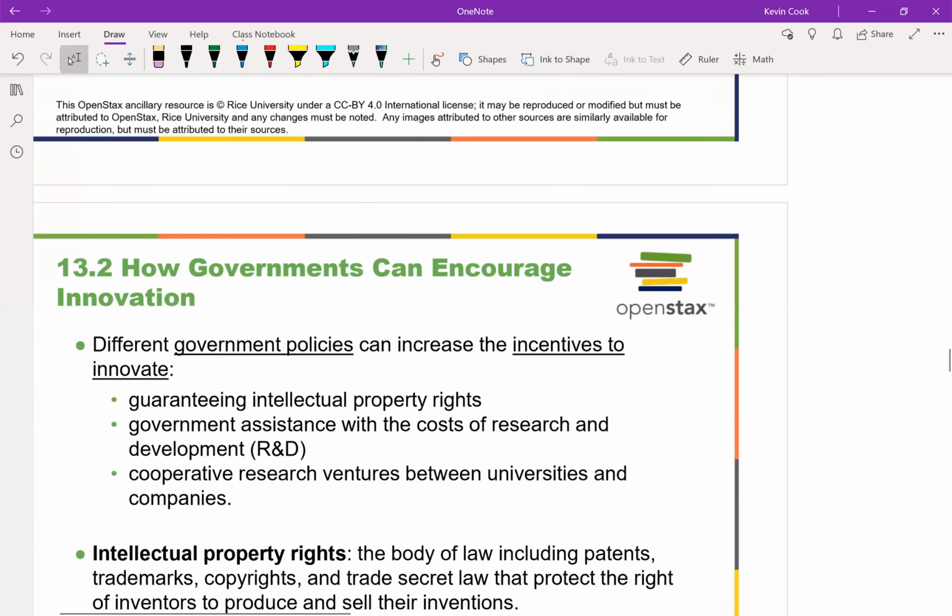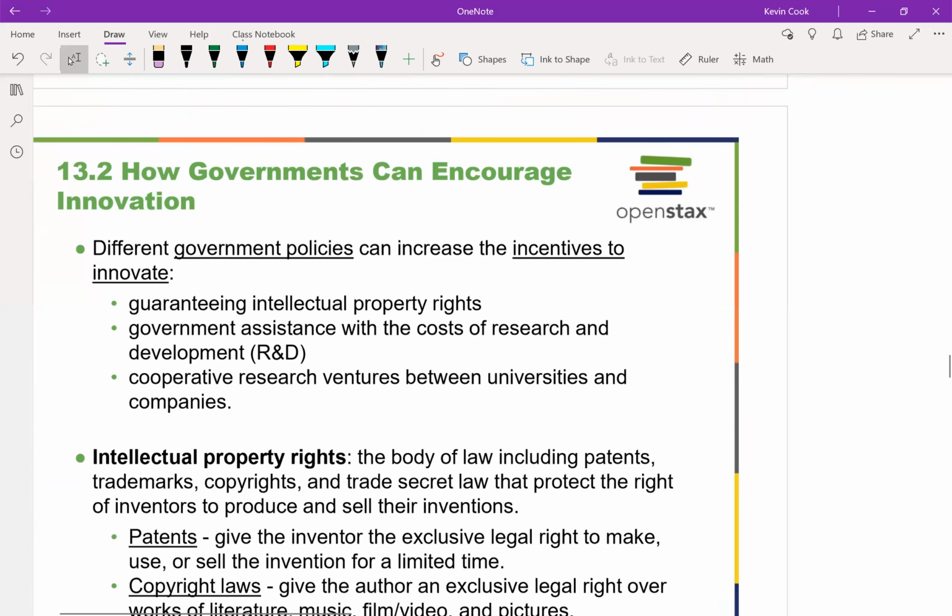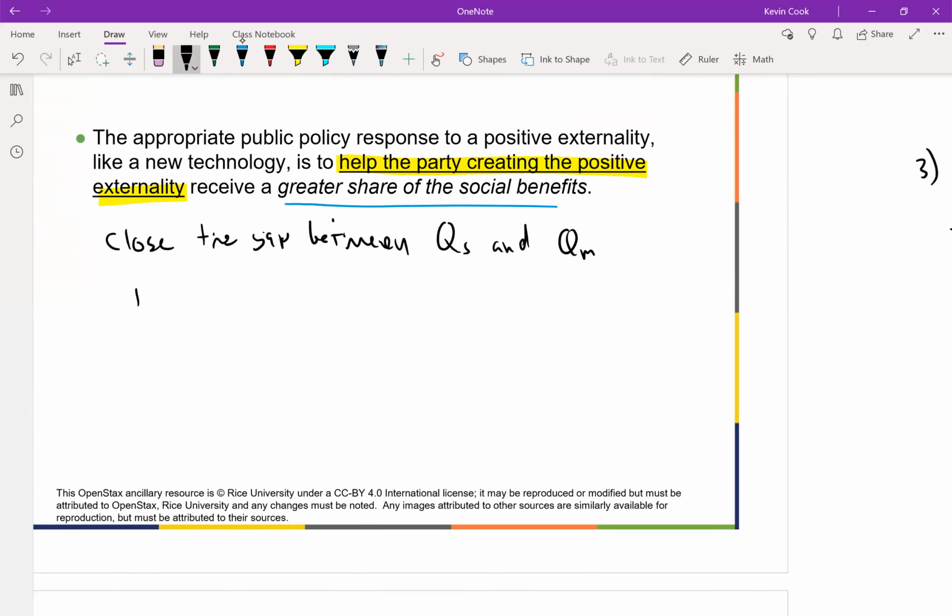A couple of tools before we get into the intellectual property rights. I'm just going to throw them in because we're about to do them. We have those. Then we also may see something like a subsidy.